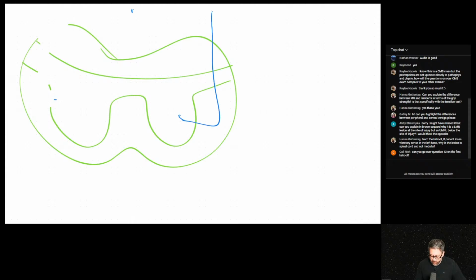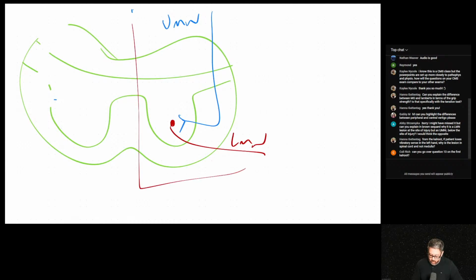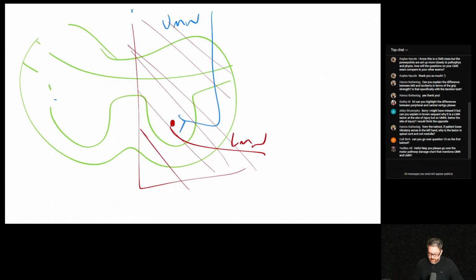Remember, the synapse occurs, I don't know if I'm drawing it right, but anyway, there's our upper and there's our lower. So when you destroy this whole side, this synapse is obliterated, and the lower motor neuron is obliterated as well.